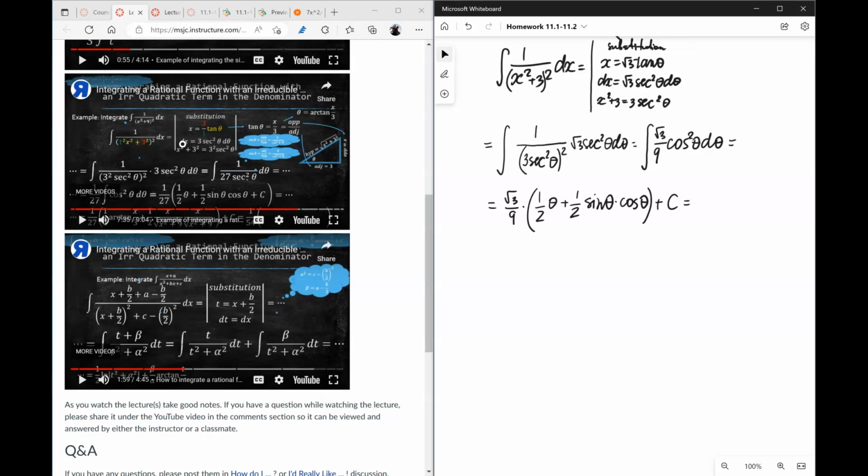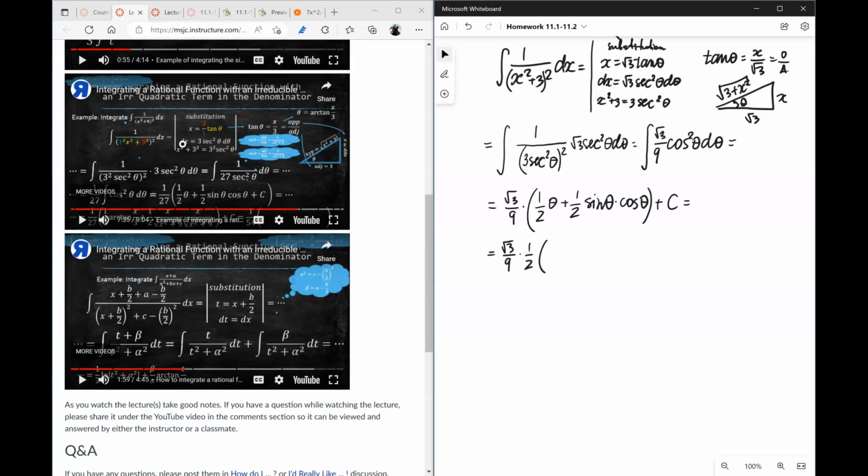We're going to use the fact that tangent theta is equal to x over square root of 3, which is opposite over adjacent. So the opposite is x, the adjacent is square root of 3, and the hypotenuse will be square root of 3 plus x squared. So we're ready to find the answer. Let's take out 1/2.